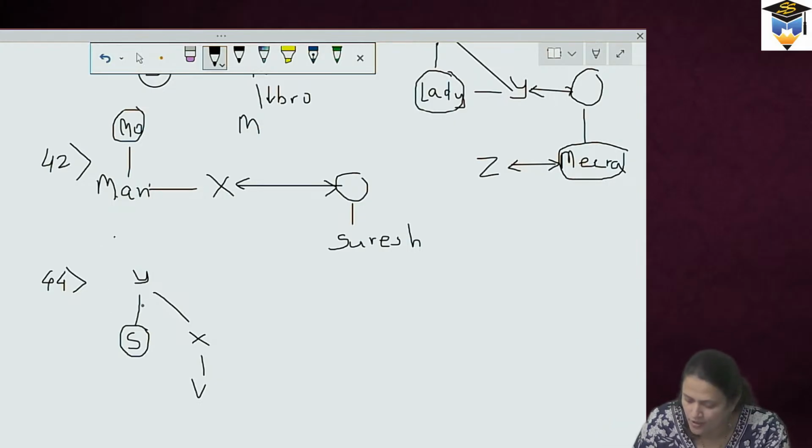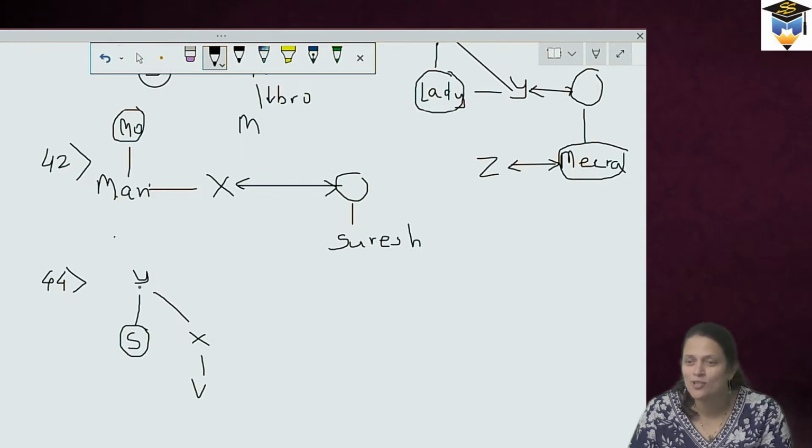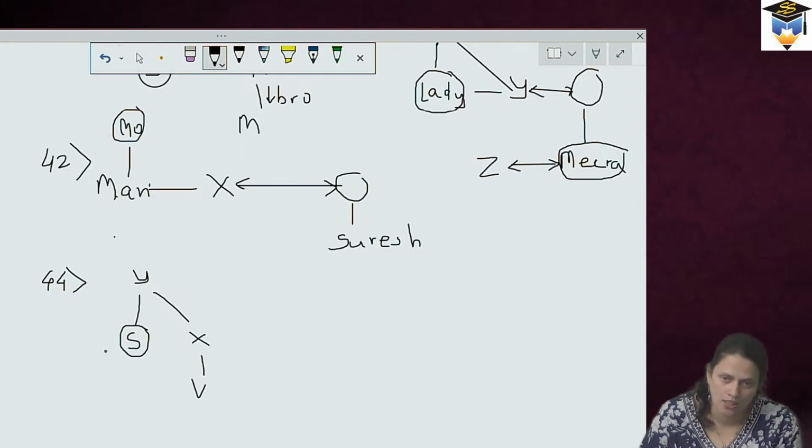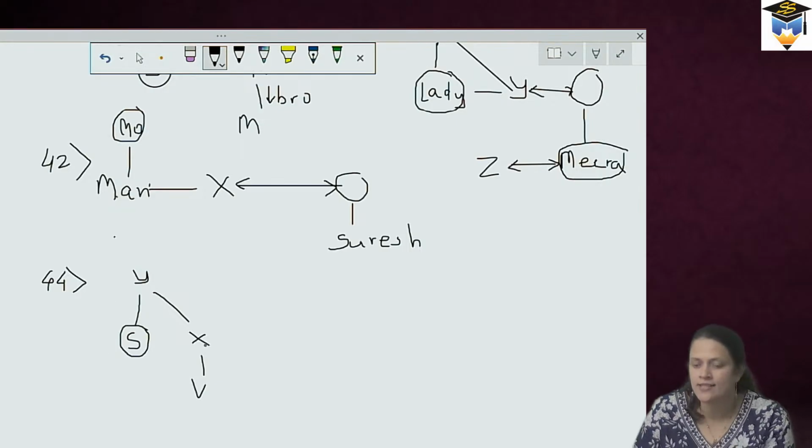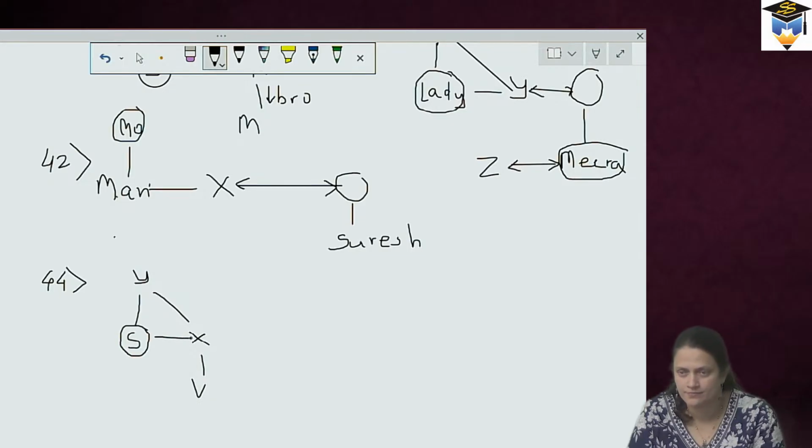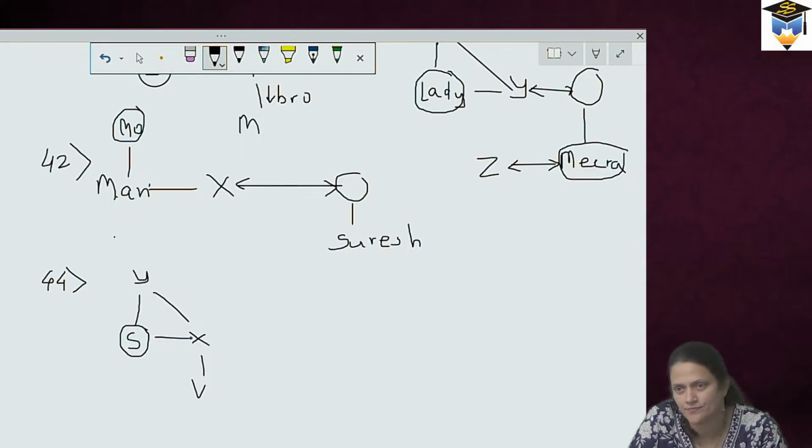She is the daughter of my grandfather's only son. So grandfather's only son means he is my uncle. Or is he my father? Who is Y? Y's daughter is she. And Y has a son X. So basically these are siblings. Who is the grandfather to Vikas? So now the question is, how is the lady in the photograph related to Vikas?